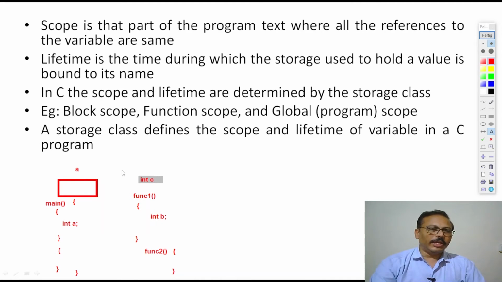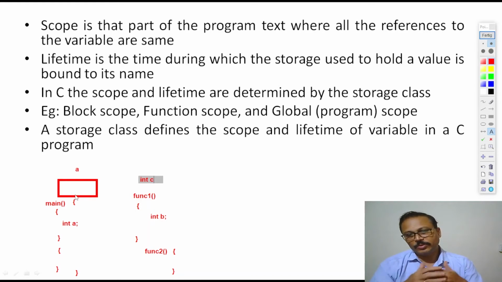Remember, as and when you start executing the program, you will be invoking different functions. So when a function enters, maybe you allocate the memory, but when the function leaves, the system automatically deallocates the memory. So the lifetime is the time during which the storage used to hold a value is bound to its name.